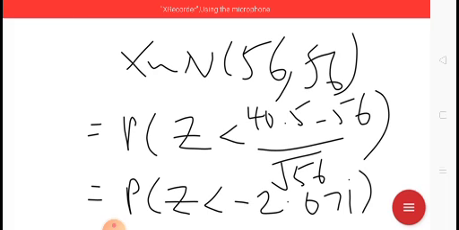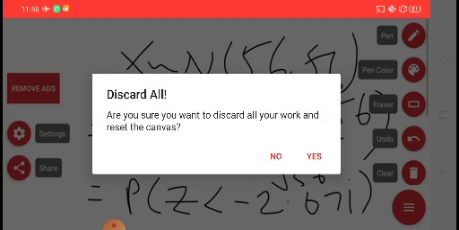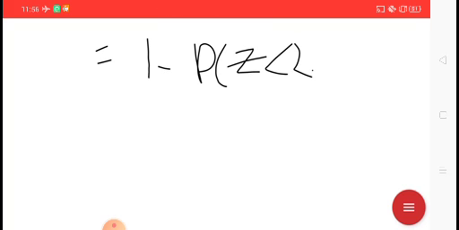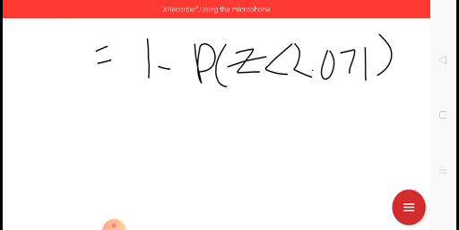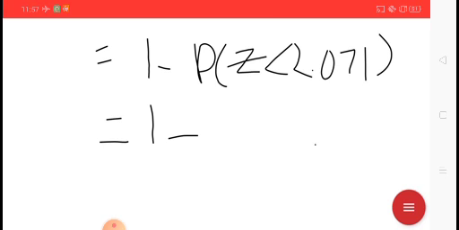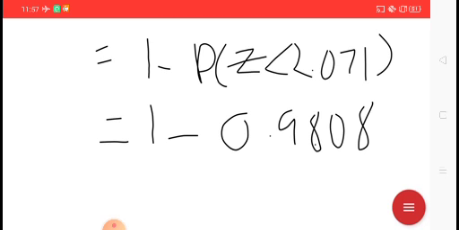Okay, so once you have this, it will be equal to 1 minus P(Z smaller than 2.071). If you look at the table, for 2.071 you get 0.9808.